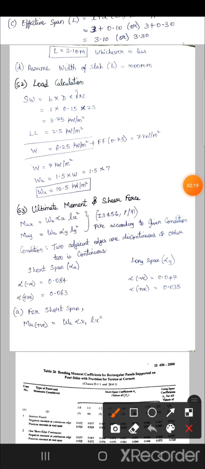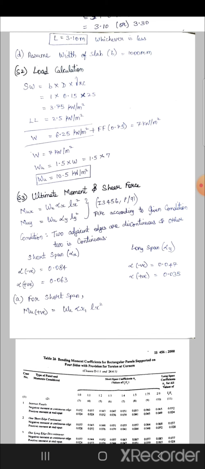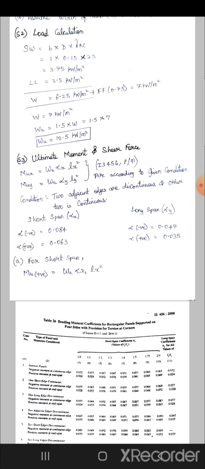Adding self weight, live load, floor finish, we get 7 kN per meter square. Next step is ultimate load calculation. Formula is 1.5 into load. So the answer is 10.5 kN per meter square.